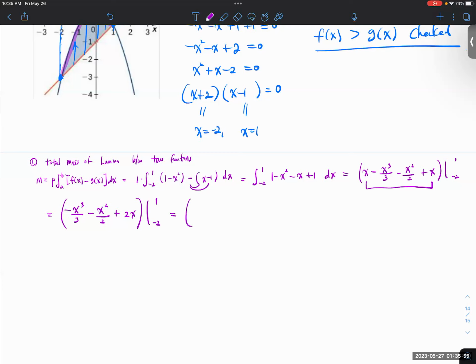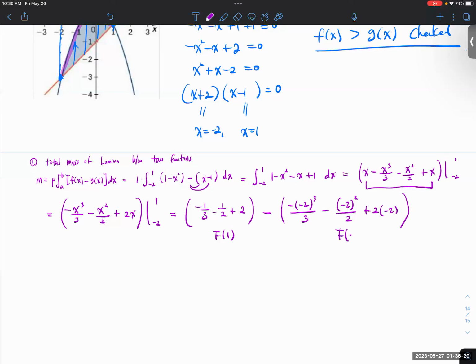So if you're plugging in 1 first, it's negative 1 over 3 minus 1 over 2 plus 2. This is capital F of 1. And minus, when you're plugging in negative 2, it's going to be negative 2 cubed over 3 minus negative 2 squared over 2 plus 2 times negative 2.